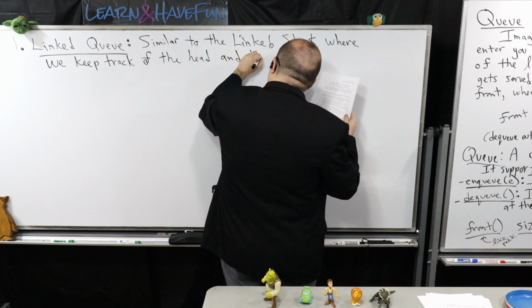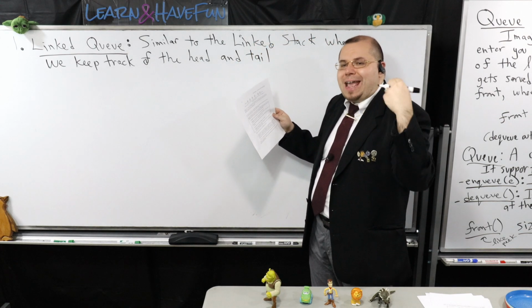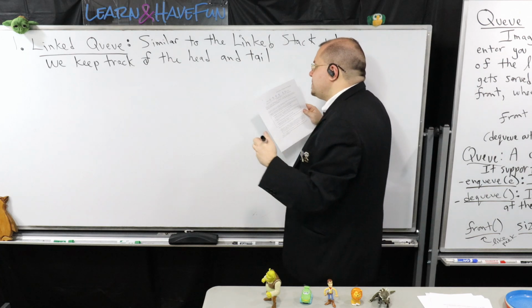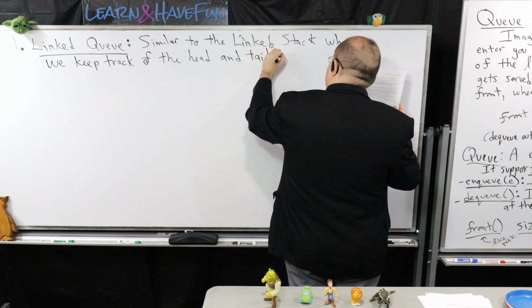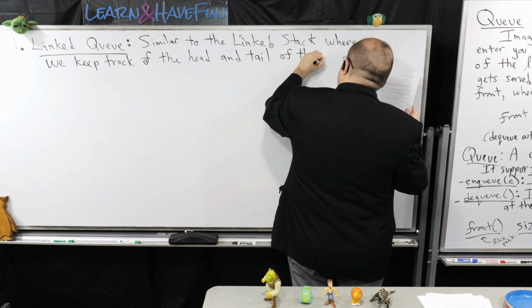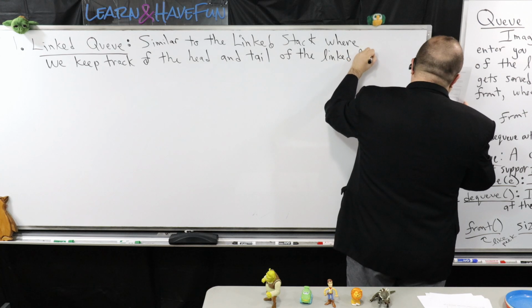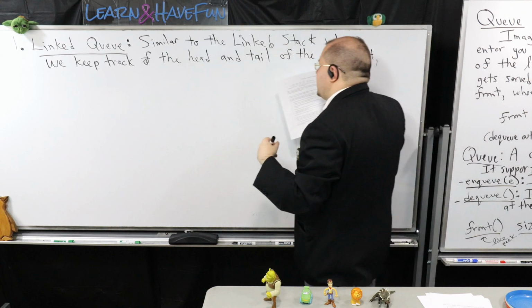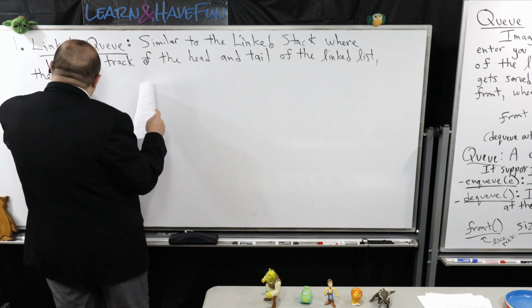For those that have never heard the term tail before, that's usually referring to the very back end, the very end of the linked list. The head and tail of the linked list, which we'll refer to as the front and rear.